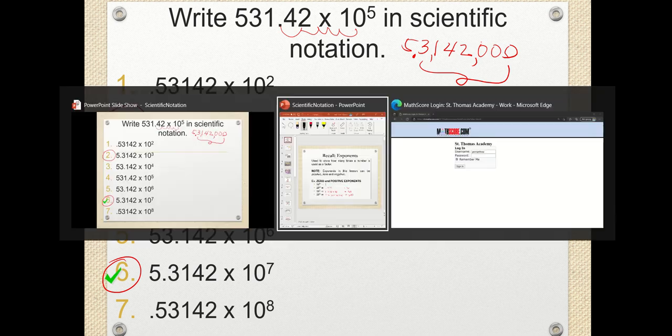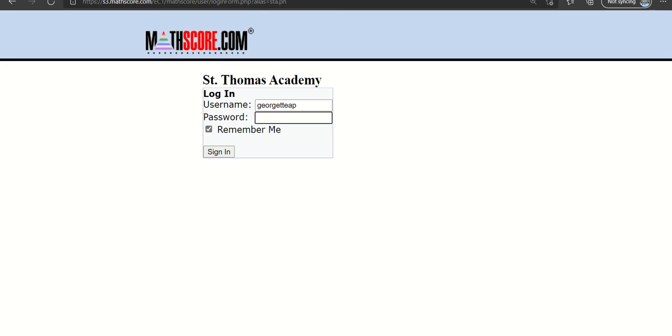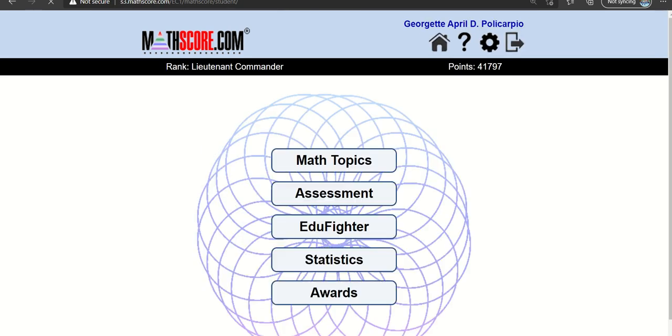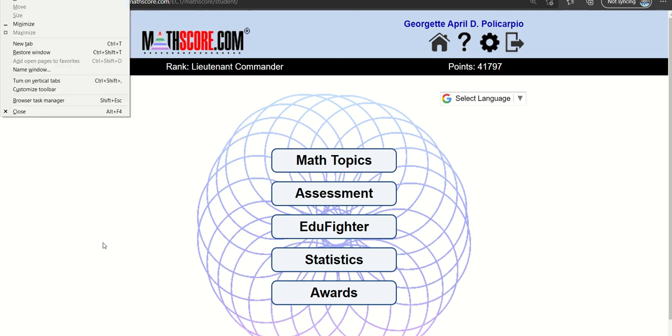Okay? So, on your MathScore, ayan, mag-log in ako. Matatry natin magsagot. Siyempre, nagsasagot kayo ng MathScore, edi sasagutan din natin, para alam niyo yung gagawin. Okay. So, the topic can be found on grade 7 tab.